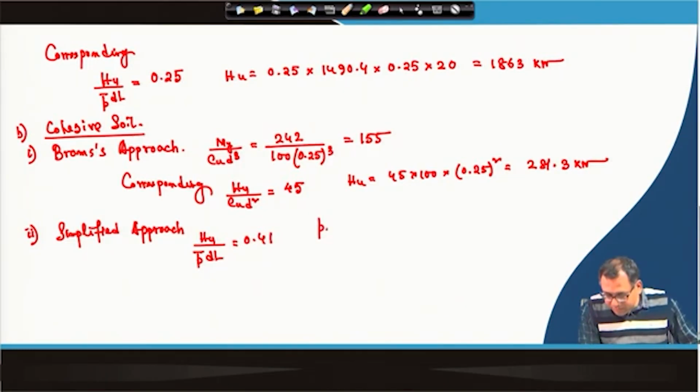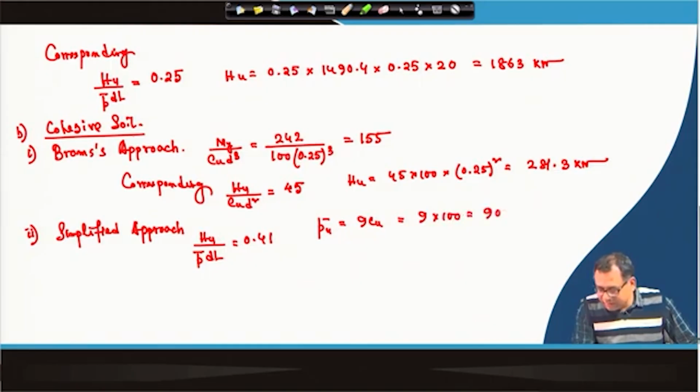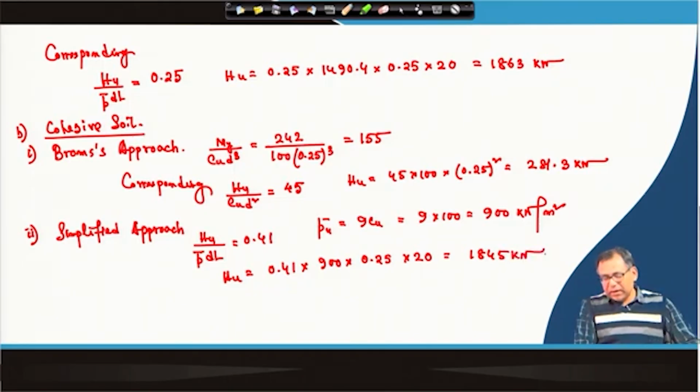Now, Pu bar for cohesive soil is 9 Cu, so that is 9 into 100, which is 900 kilonewton per meter square. So, HU will be 0.41 into 900 into 0.25 into 20. This is 1845 kilonewton, again higher than Brom's approach.